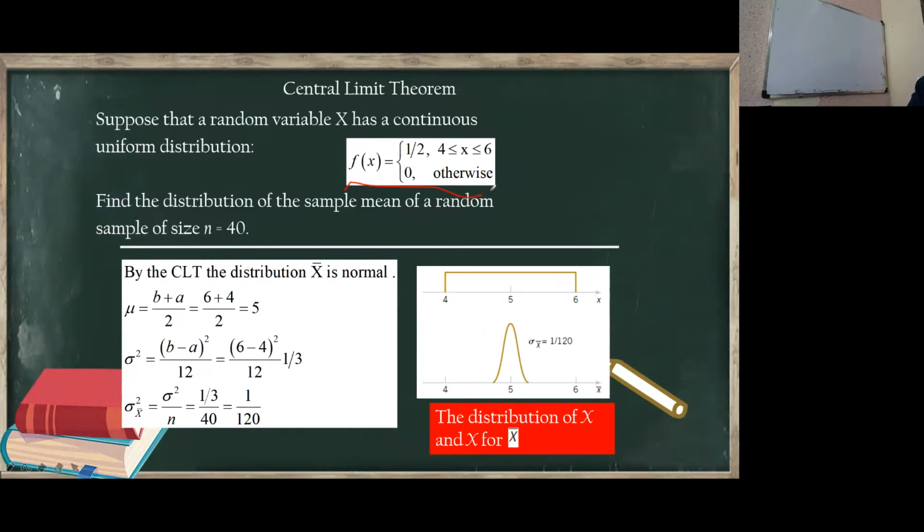It's already told that it's a uniform distribution. So in a continuous random variable, what is the uniform distribution formula? That is simple.